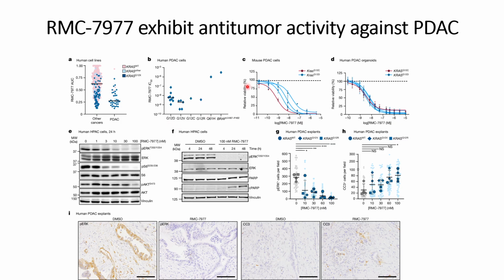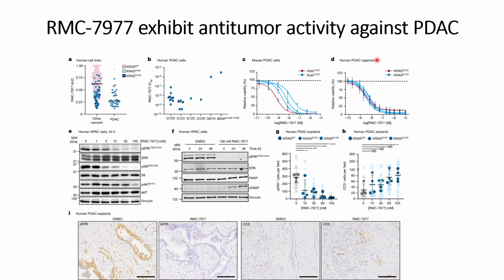position. And thereafter they checked the sensitivity of the human PDAC cells against two different kinds of RAS mutations, and they found that for RAS G12C, the viability is low compared to RAS G12D.